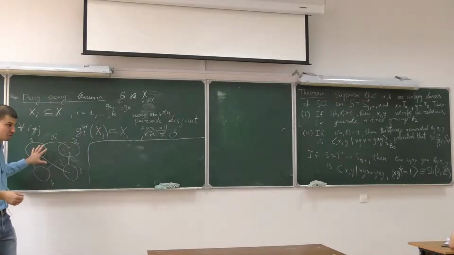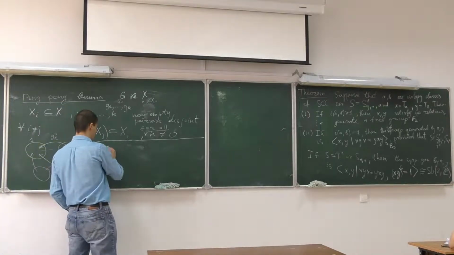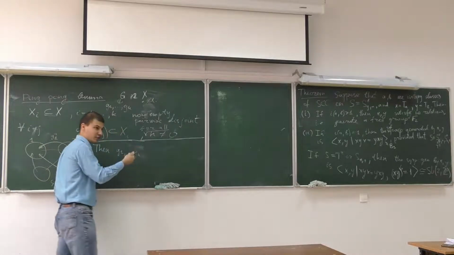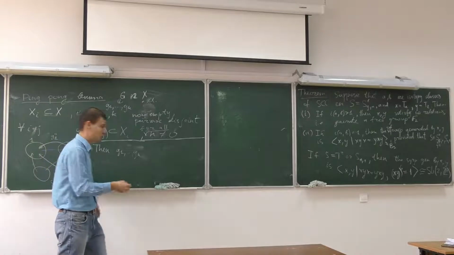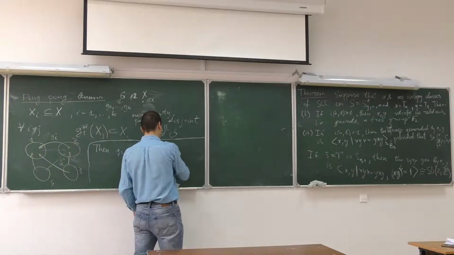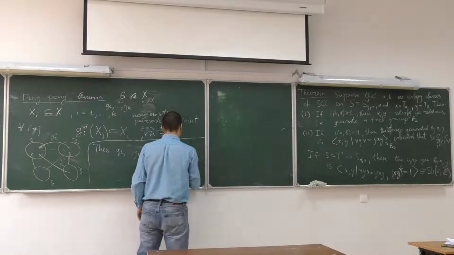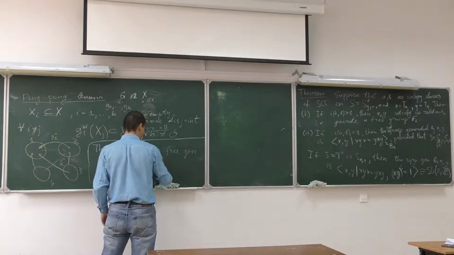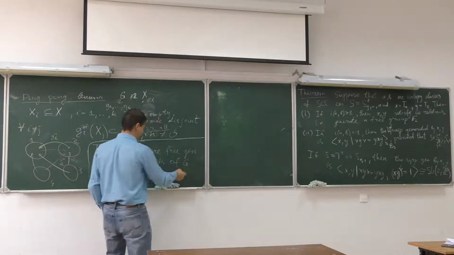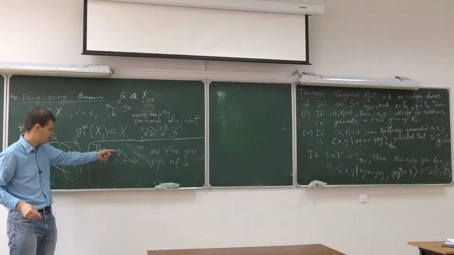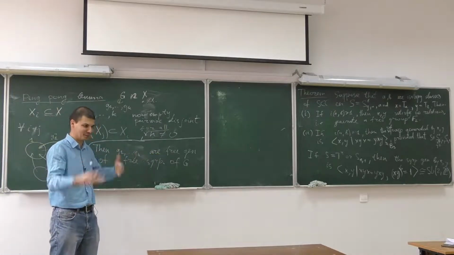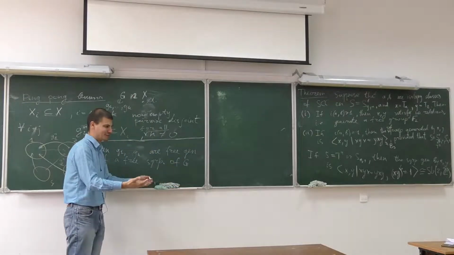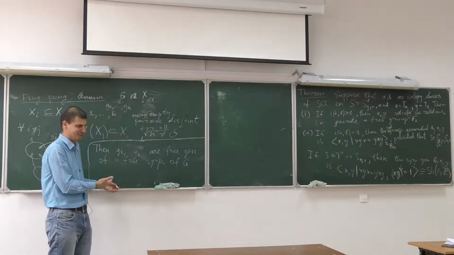If we are in this situation, then the claim of the lemma is that g_1, ..., g_k are free generators of a free subgroup of G. I want to be precise here, since there are possibilities that elements may generate a free group, but maybe not be free generators of this group.